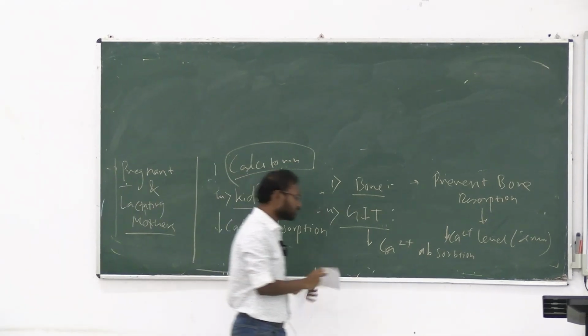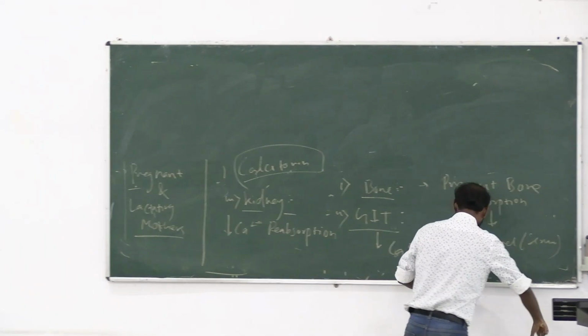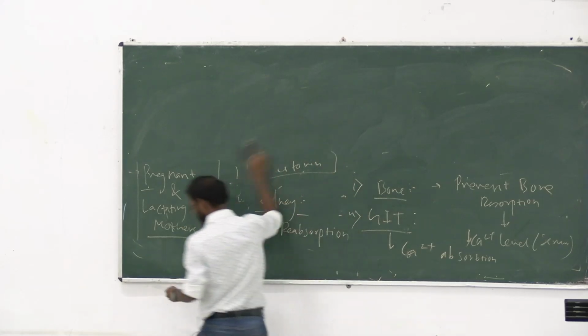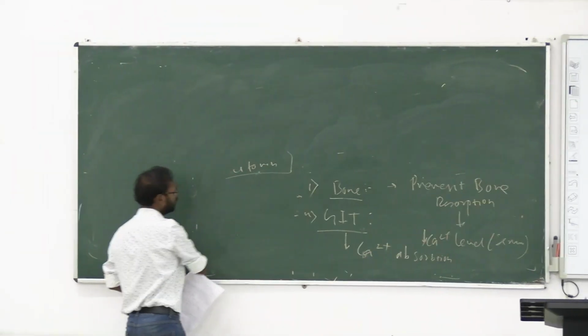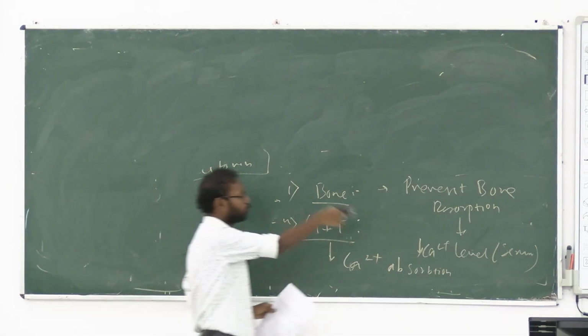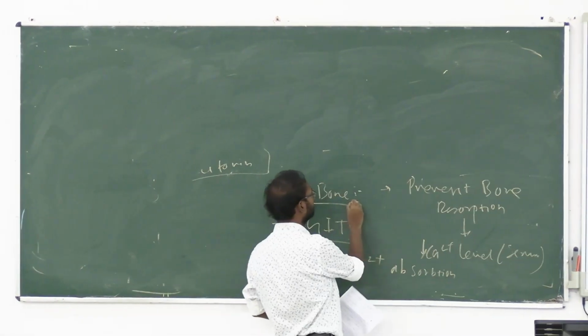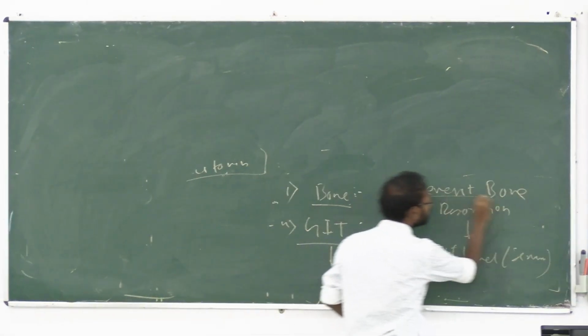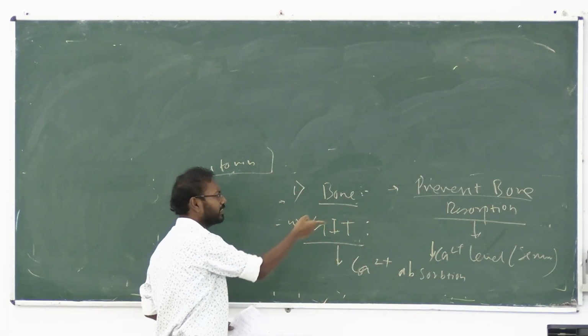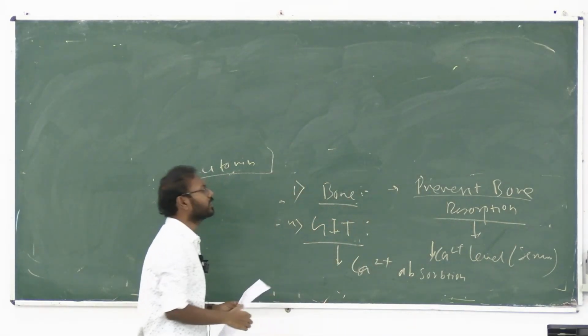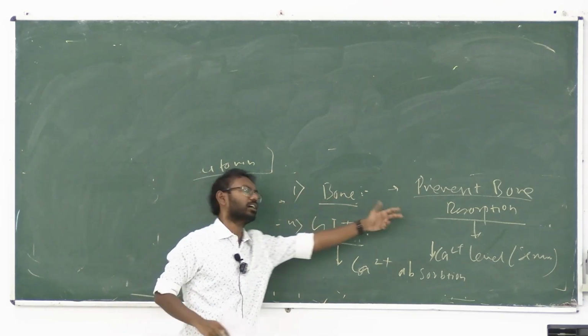So what does it do? If you remember just now, in case of bone, I told you calcitonin prevents bone resorption. So if it prevents bone resorption, it will prevent bone breakdown. In case of pregnant women, this only comes at work.